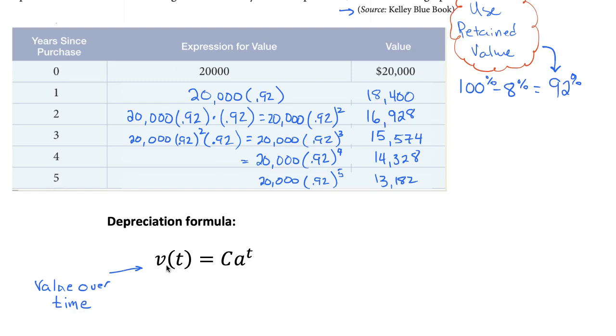So value is the function, time is the independent variable. C is the cost, basically. The original, so that's where C comes from, I believe, the cost. The original value.